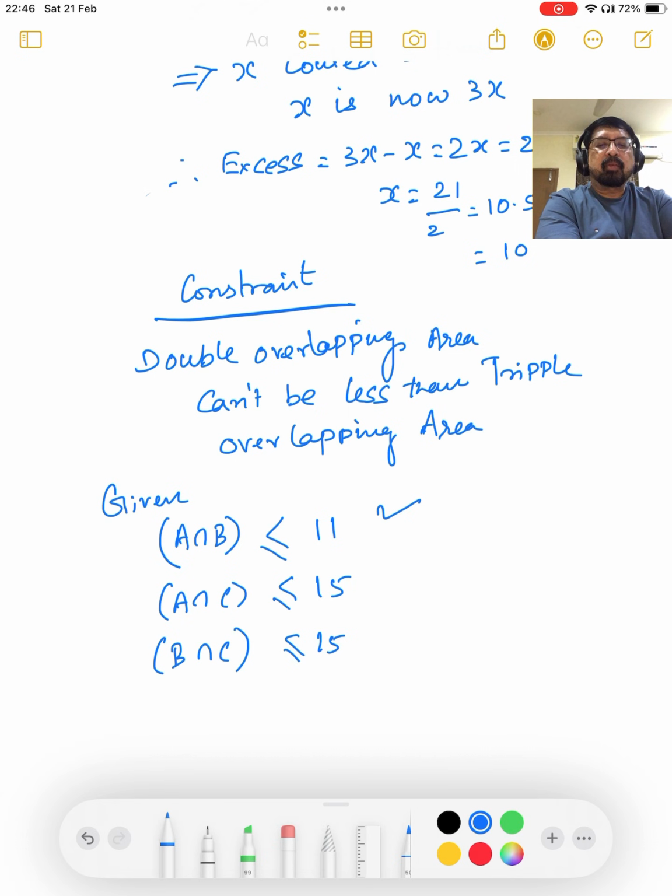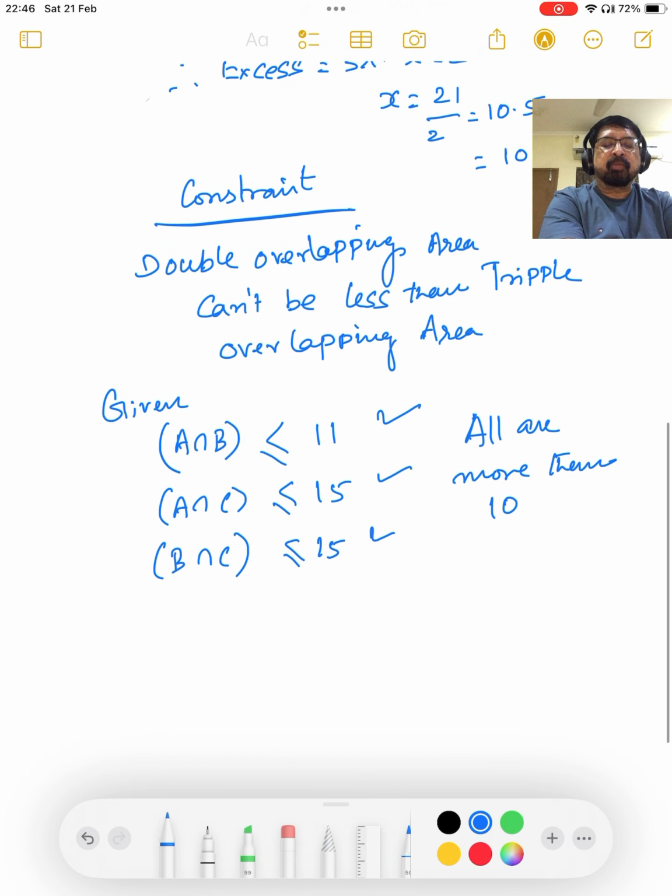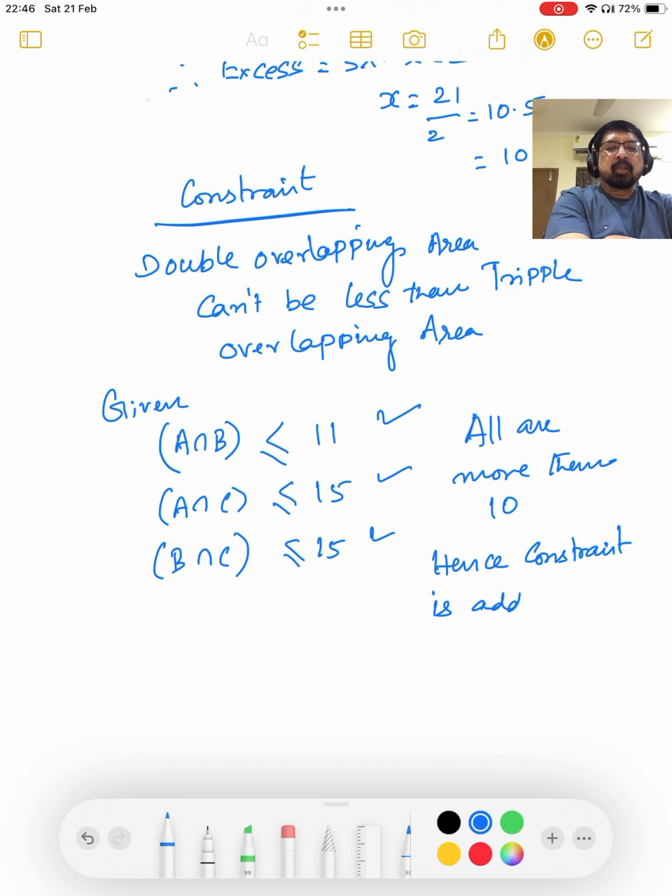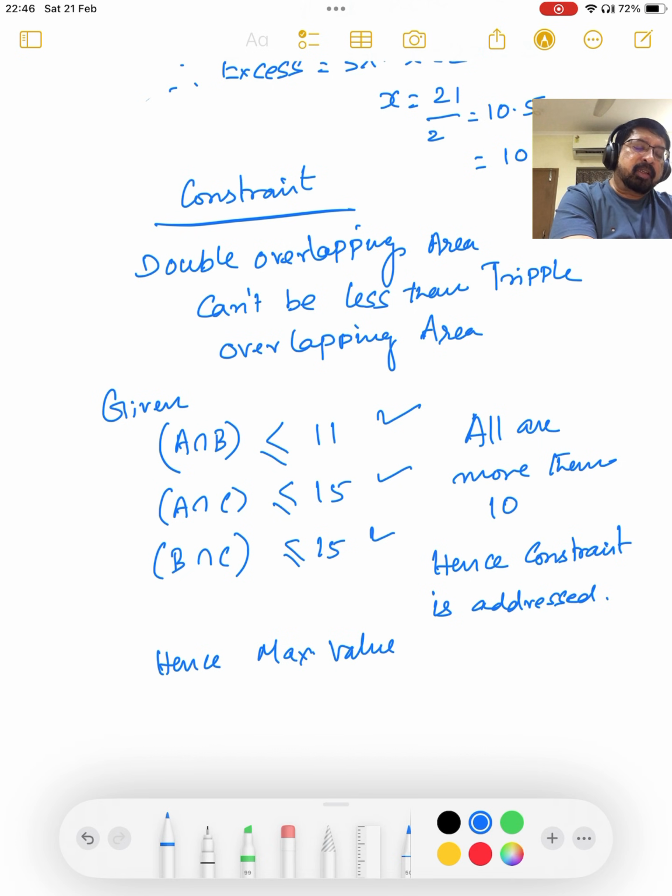So we know that all these 3 double overlapping areas are more than the value we assigned as the maximum value for N of A intersection B intersection C. Hence the constraint is actually addressed. That's the correct word you have to say. Constraint is addressed. So now we can confidently say that the maximum value A intersection B intersection C can take is 10.